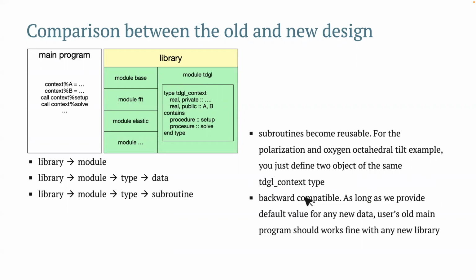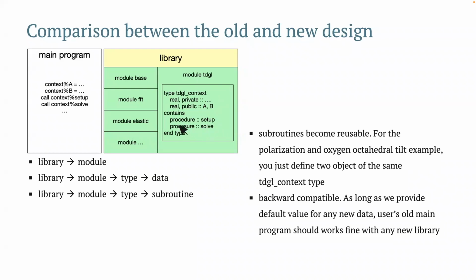Okay, and then within this type that we defined, we also have several subroutines attached to this type. These are just some operations you can have upon the data within this type.